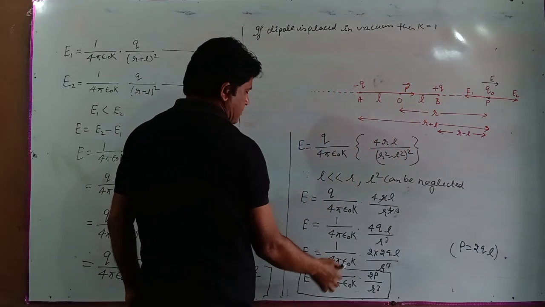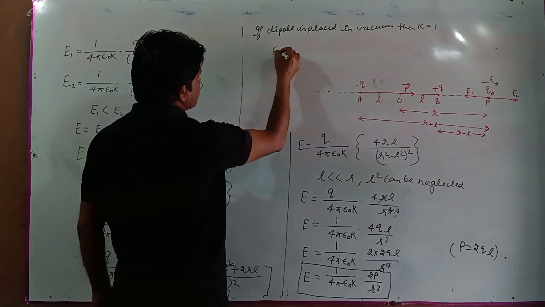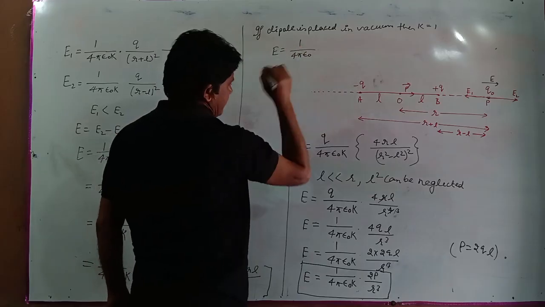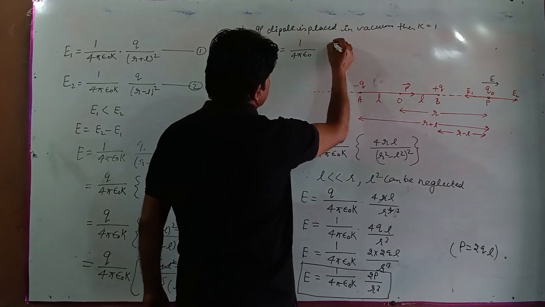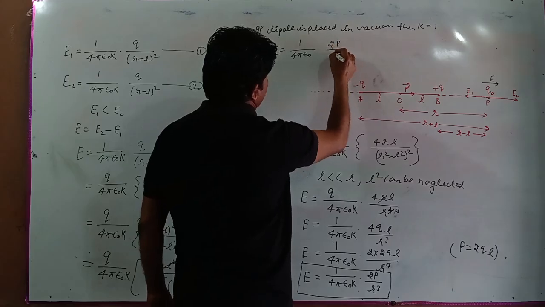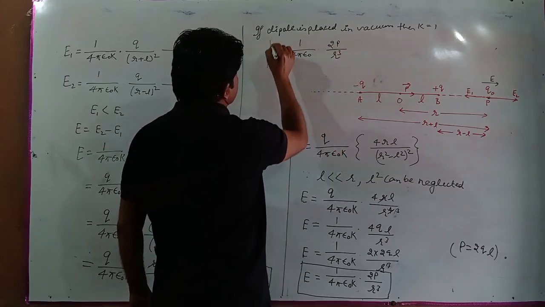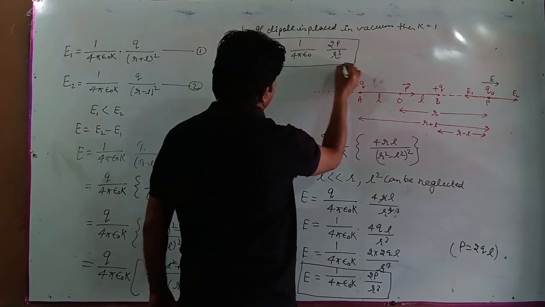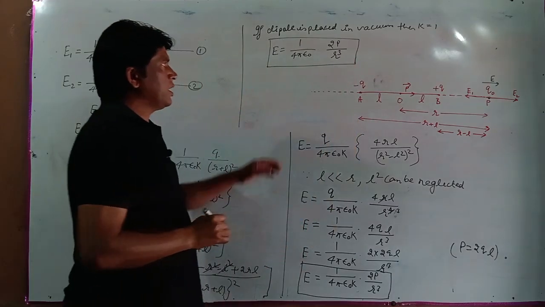So this expression will be E is equal to 1 over 4 pi epsilon naught times 2P over R cubed. This is our expression of the intensity of a dipole in a vacuum.